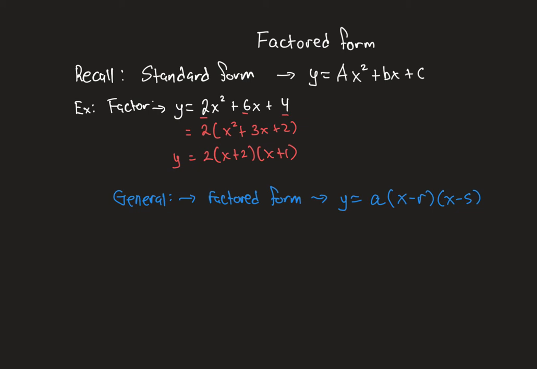Now, remember, these numbers on the inside always make up my x-intercepts. So what would happen if, for instance, I gave you 2 x-intercepts and a point? Could you now make factored form? Let's see. So in this example, I'm going to give you the x-intercepts.